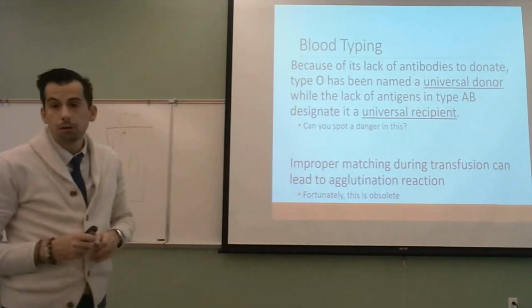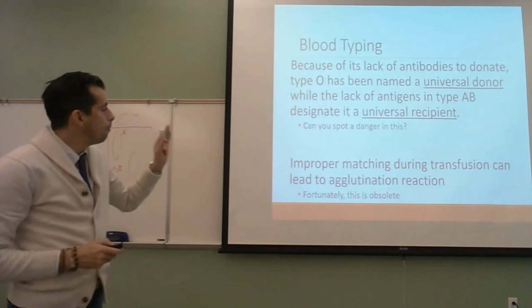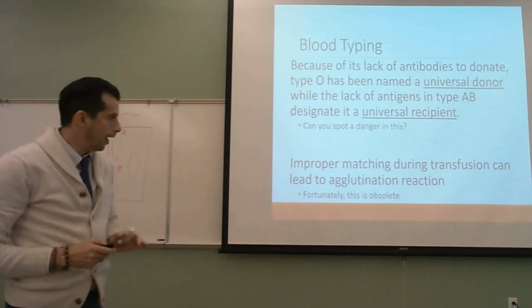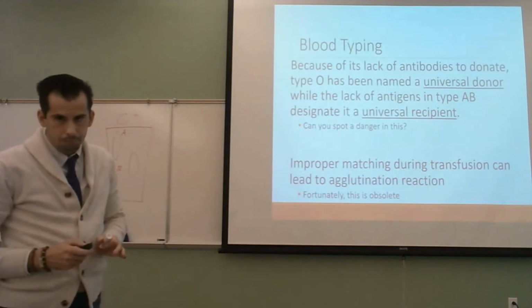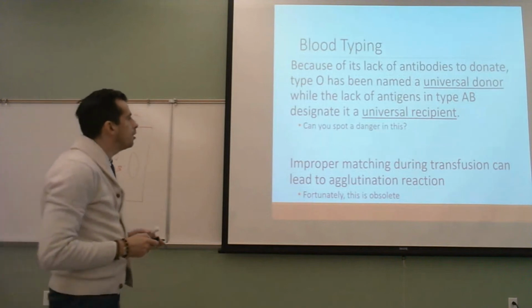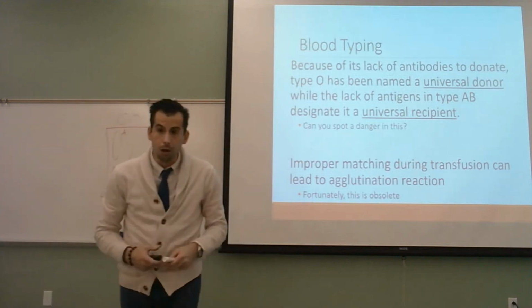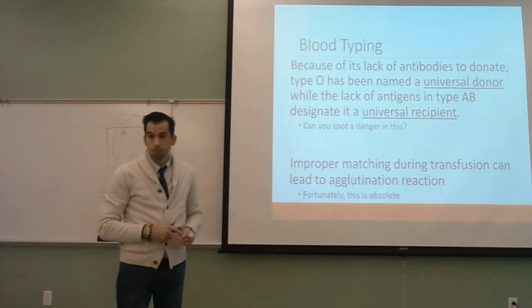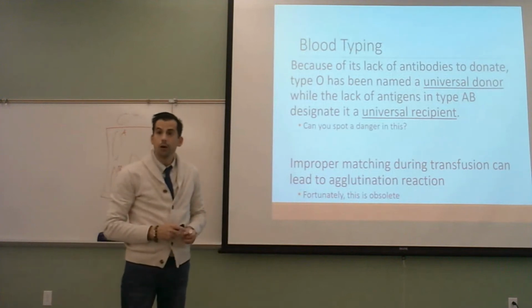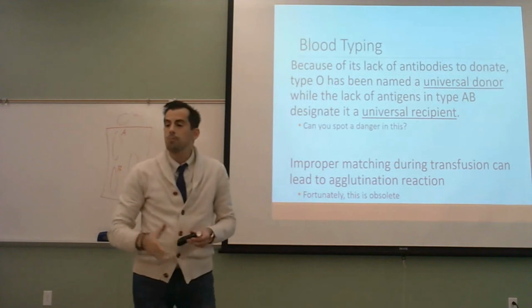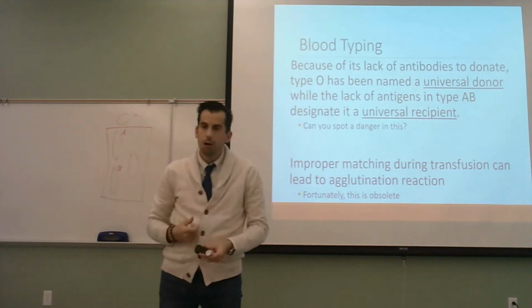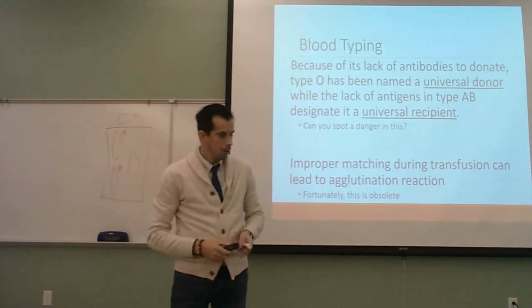Now, one thing to clear up is that we are talking about blood-blood interactions here. We're not talking about what you might go to a hospital in an industrialized country and get a blood transfusion. We are talking about what would happen if we mixed one person's blood with another person's blood.